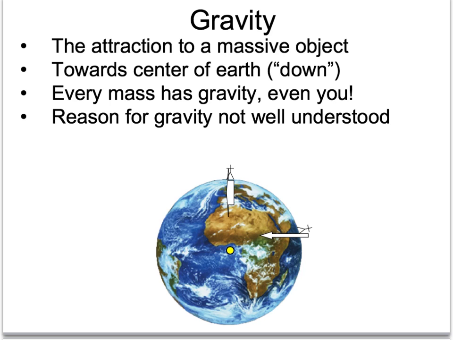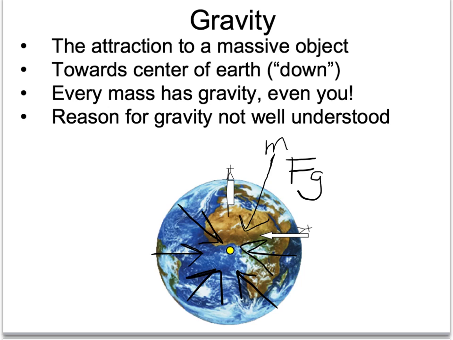Alright, gravity is the attraction to a massive object. Anything that has mass has and can experience a pull of gravity. So if a thing near the Earth has mass, the Earth's gravity will pull on that thing with a force we call weight, Fg. The force of gravity is always toward the center of the Earth, so whatever you are, it's toward the center.